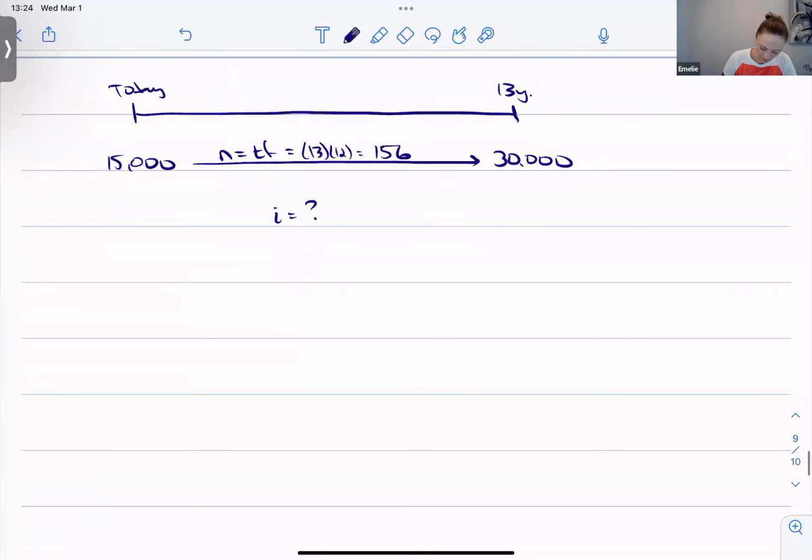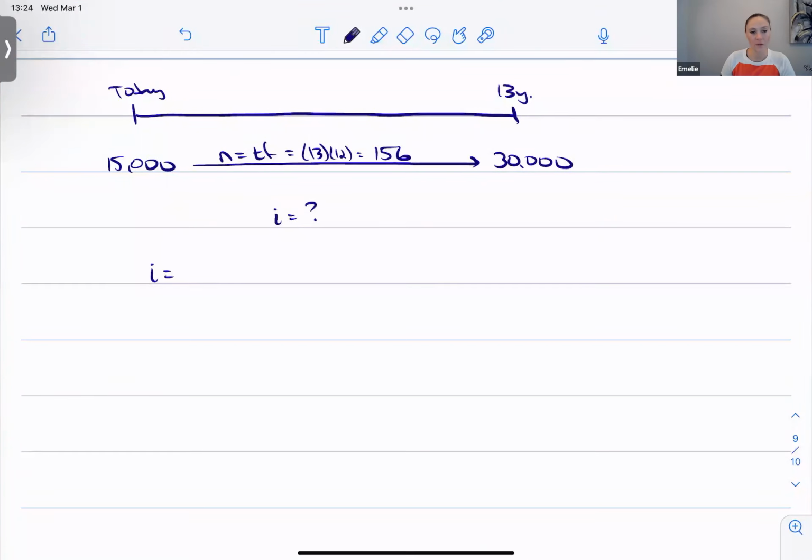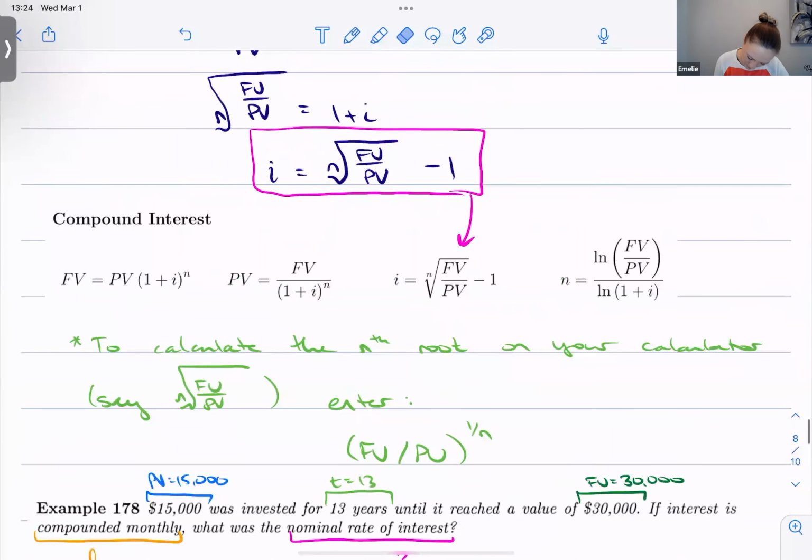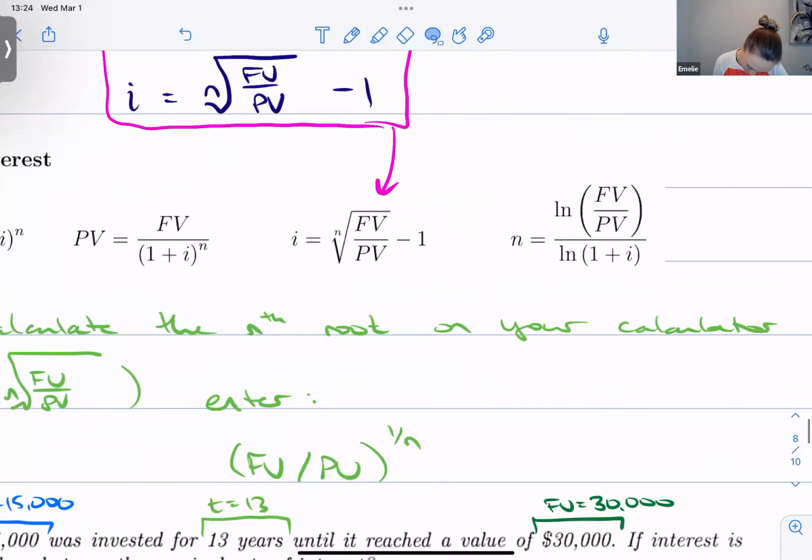The formula that we have for i is, and maybe I'll grab it from the formula sheet here.